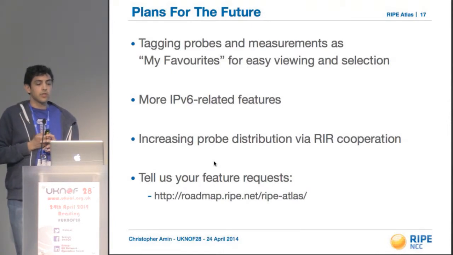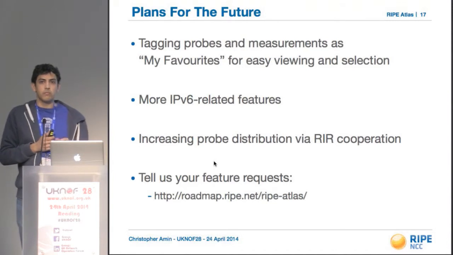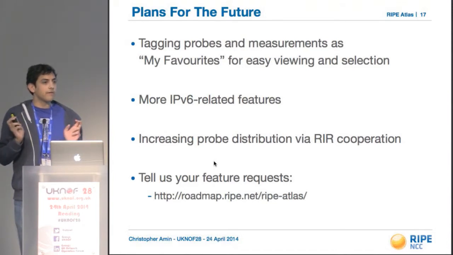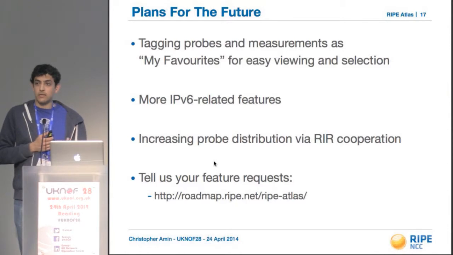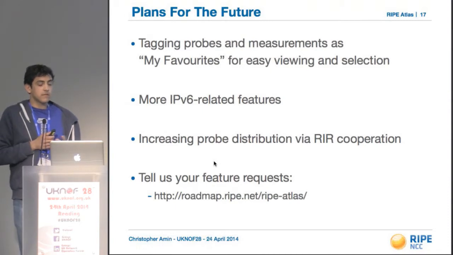Plans for the future. We plan to enable people to tag probes, initially as, say, my favorites, starred probes, something like that, maybe expanding it to other interesting tags and ways that you can find probes or measurements which interest you. IPv6 support is there and it all works.